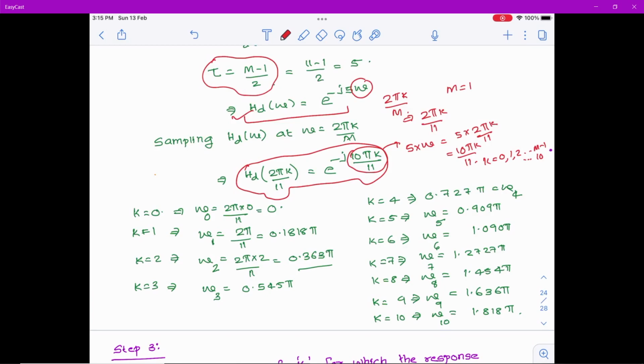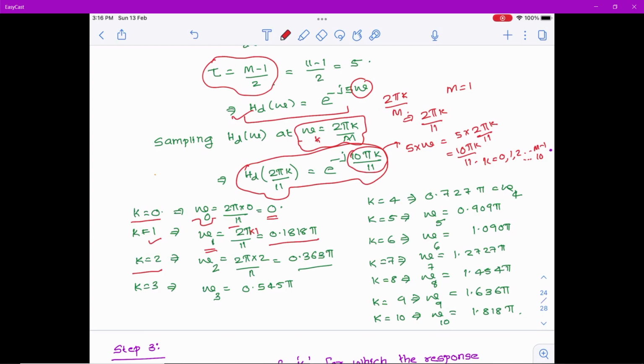We already said that omega is 2 pi k by m, so I can write omega suffix k. When k equal to 0, omega 0 is 2 pi into 0 by 11, that is equal to 0. When k equal to 1, omega 1 will be 2 pi into 1 by 11, that is 2 pi by 11, that is 0.1818 pi.